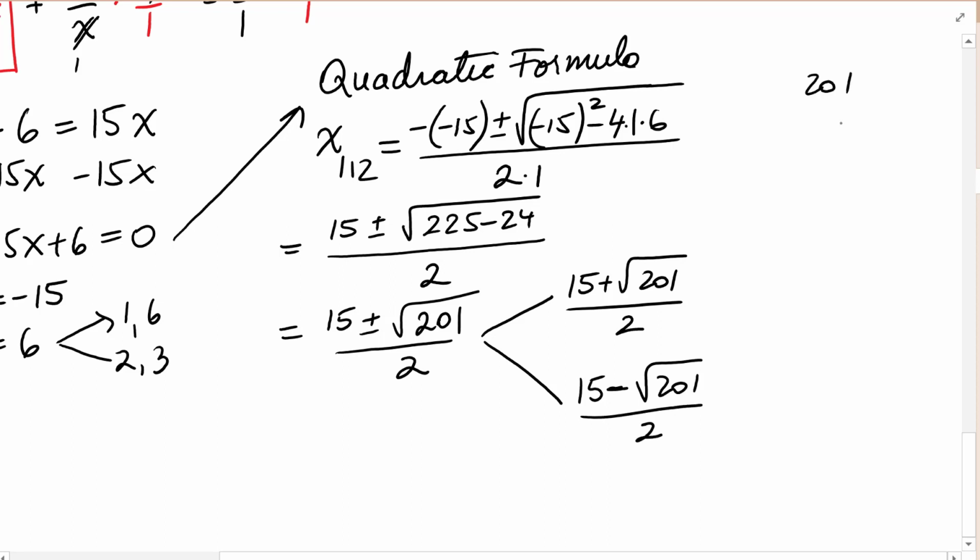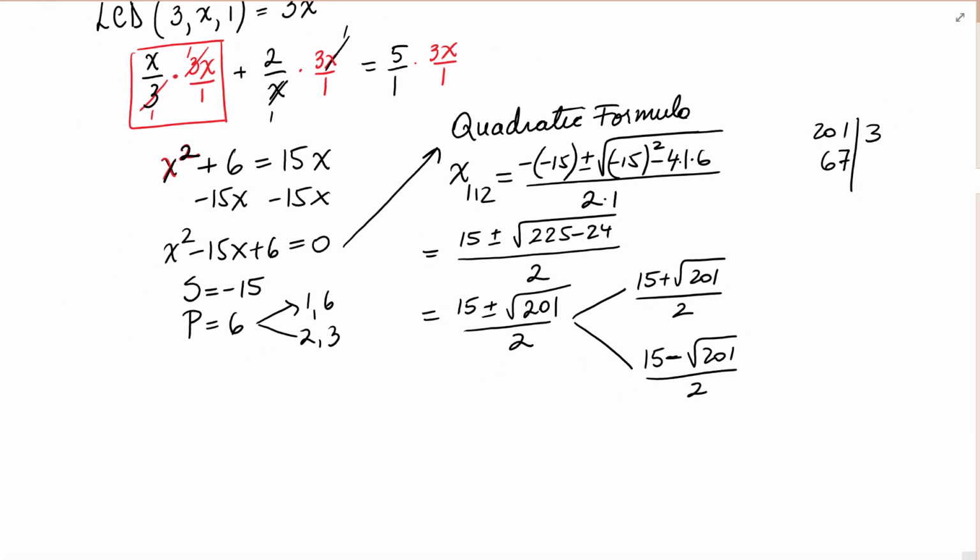Well, 201 can be divided by 3, and we get 67, and 67 cannot be divided anymore. So these are the two solutions that we got.